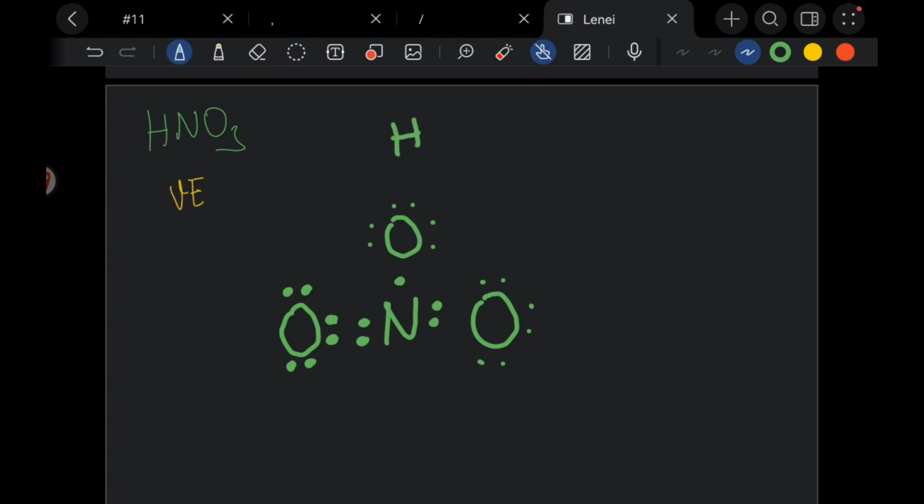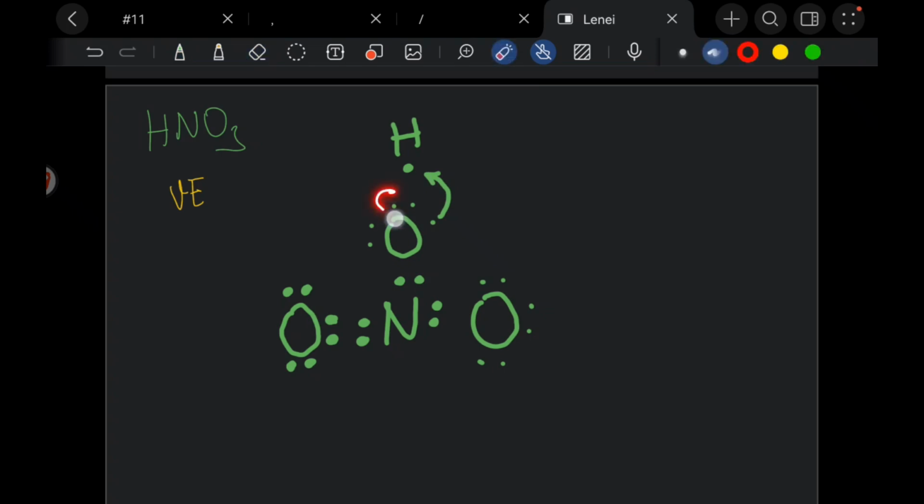I have to put a hydrogen here with 1 electron, since hydrogen has 1 electron. Then this electron can go here to make a single bond, and this electron can go here to make a single bond.